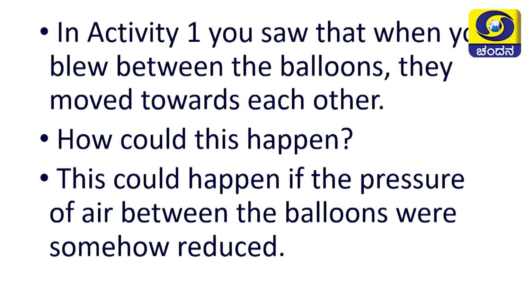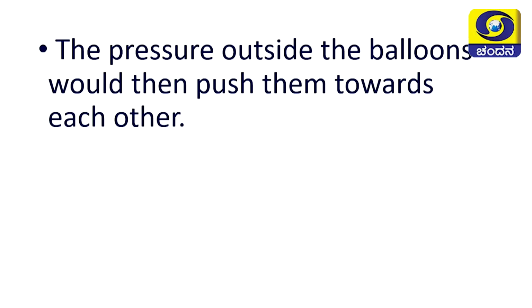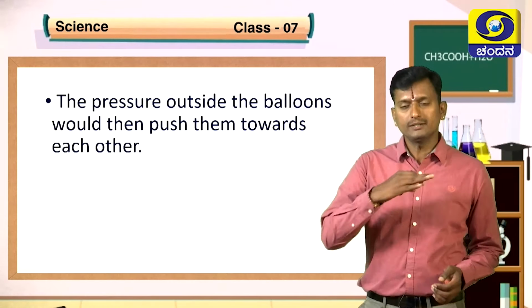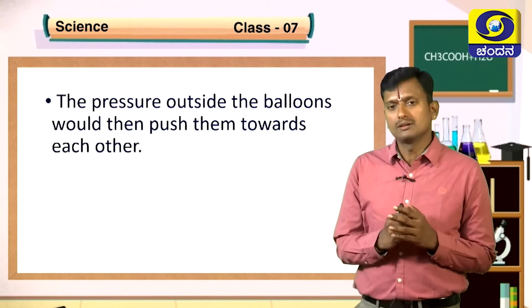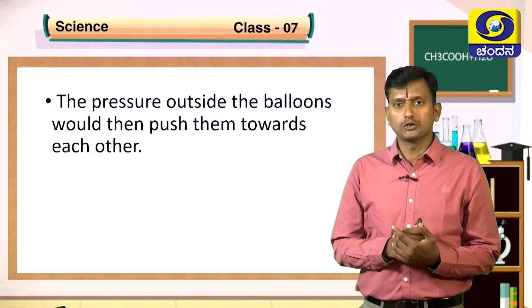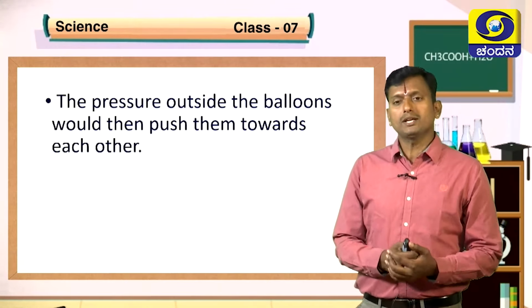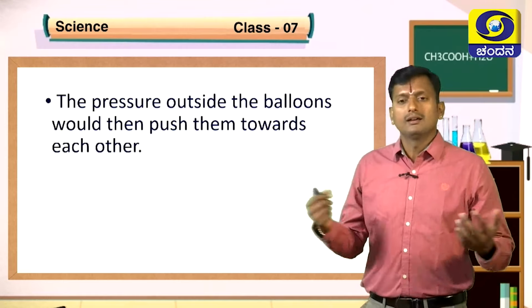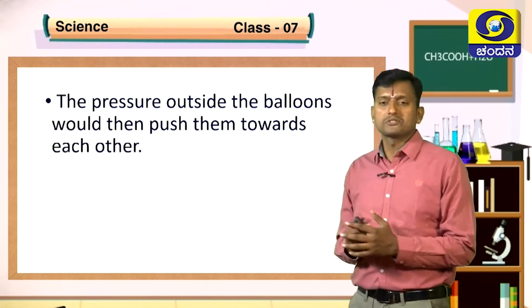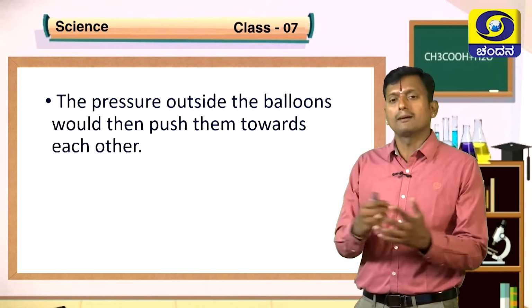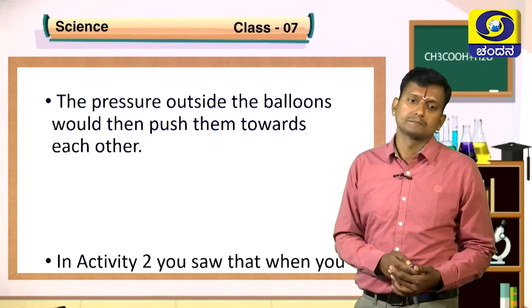The pressure outside the balloons would then push them towards each other. When you blow the air between the balloons, the pressure was reduced. At the same time, outside the balloons there is high pressure, and it pushes the balloons towards each other.